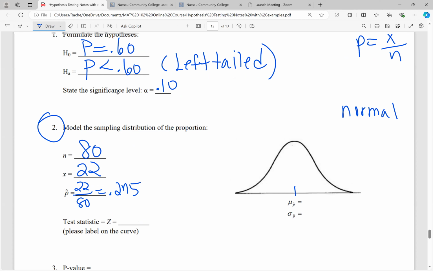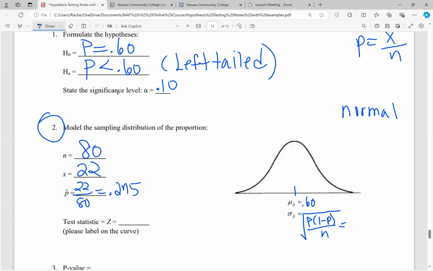Mu sub p hat is equal to p, so that's 0.60. And sigma sub p hat is equal to the square root of p times 1 minus p over n.